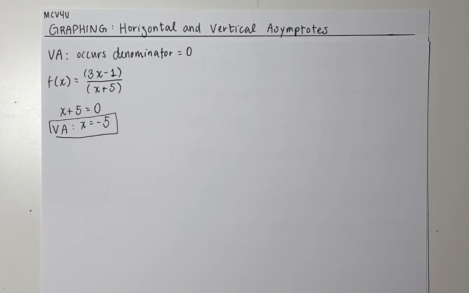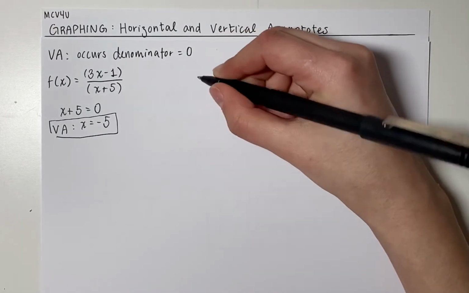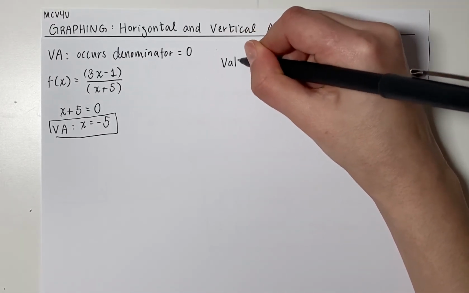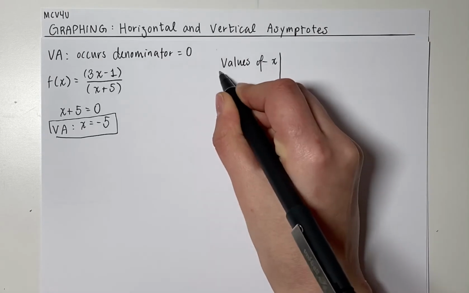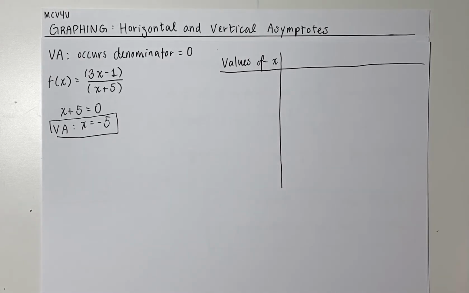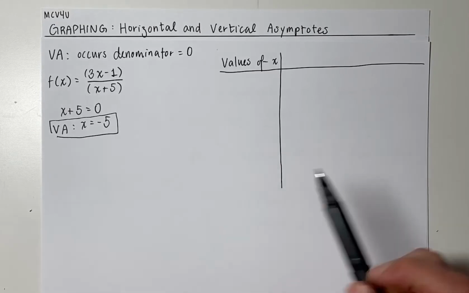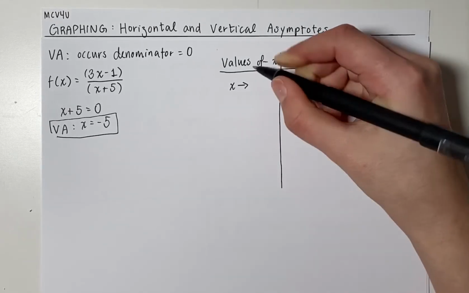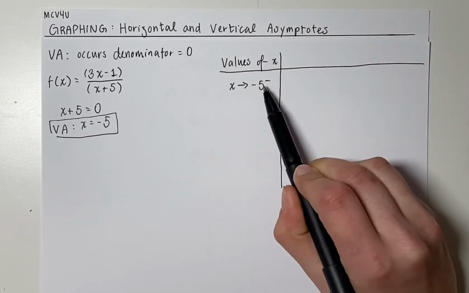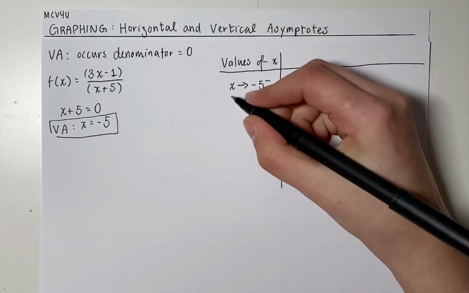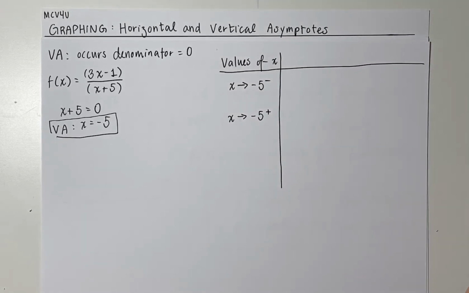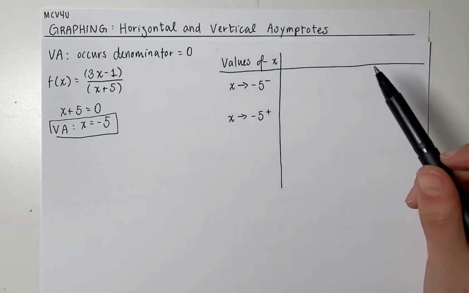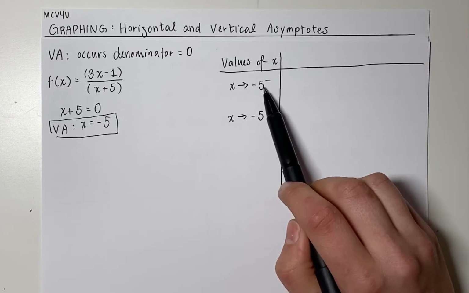To determine the behavior near our vertical asymptote, we're going to use a chart. So let's draw a chart right over here. We have our values of x. Since our vertical asymptote is x equals negative 5, we're going to find the behavior as x approaches negative 5 from the left side, denoted by the negative here, and as x approaches negative 5 from the positive side, denoted here. To simplify this, we're just going to take a point.